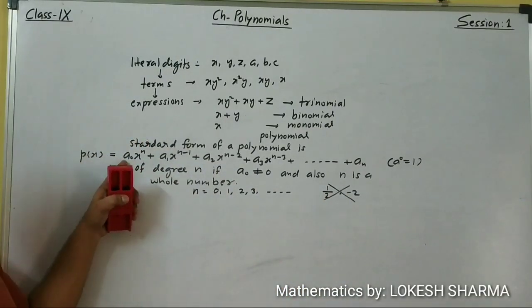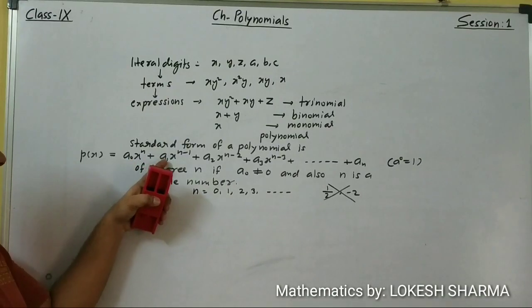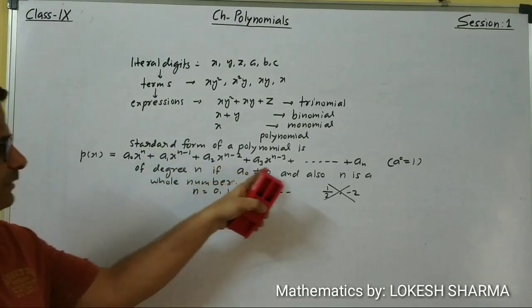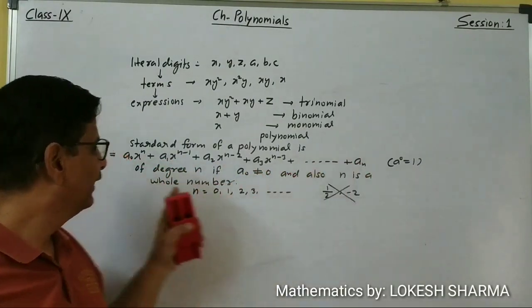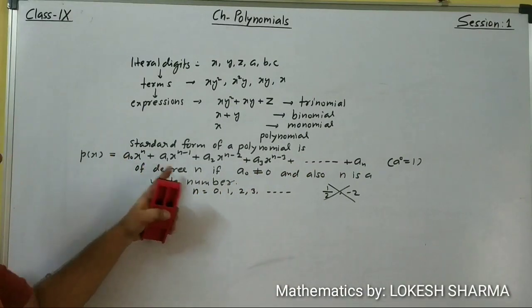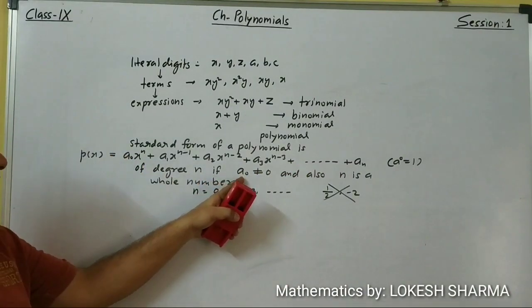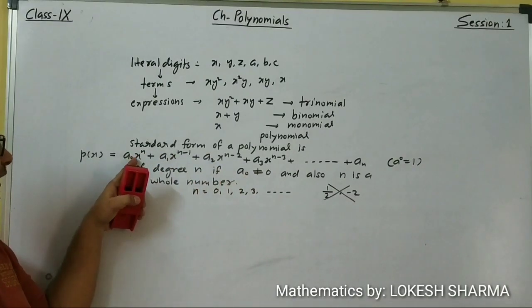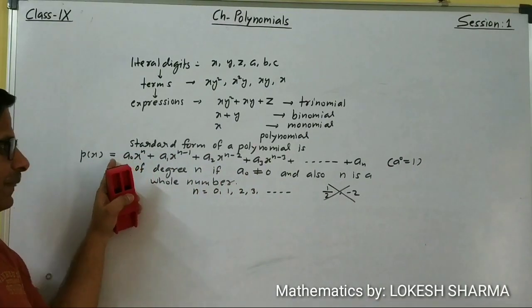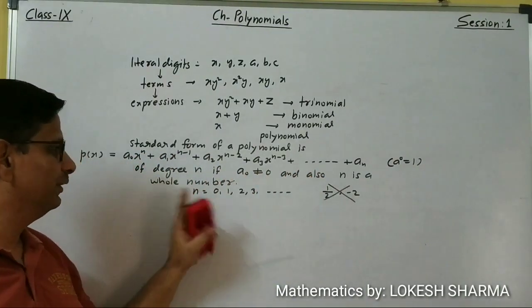So p(x) equal to a0 x to the power n plus a1 x to the power n minus 1 and so on up to a_n is a polynomial of degree n if a0 is not equal to 0, that is the coefficient of x to the power n is not 0, and n is a whole number.